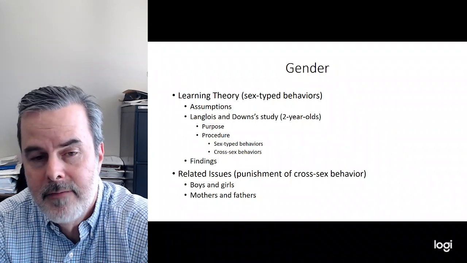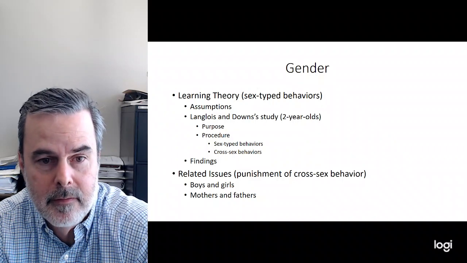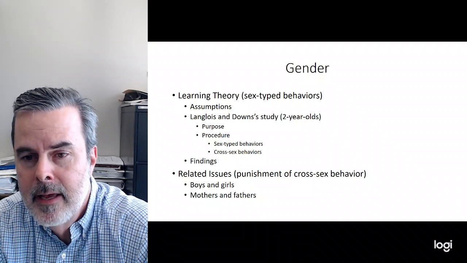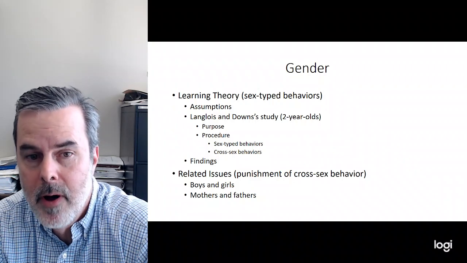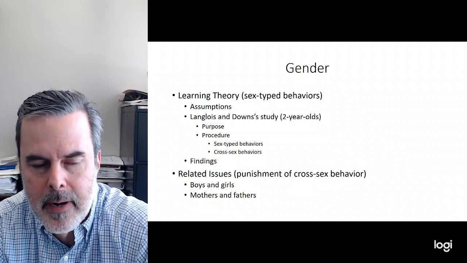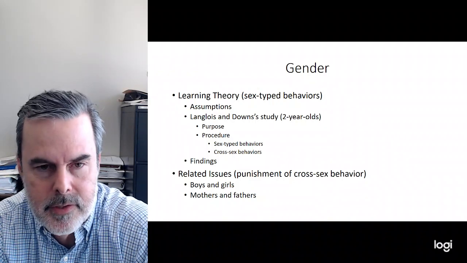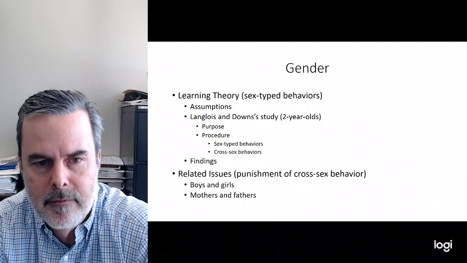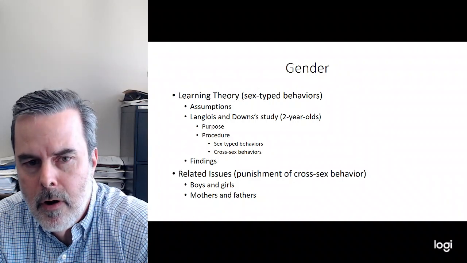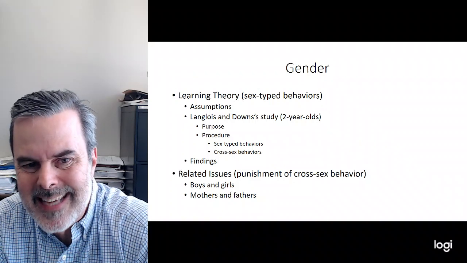So parents behaved in accordance with the predictions of learning theory, reinforcing, again, sex-typed behaviors and punishing cross-sex behaviors. Punishing here simply means that parents typically dissuaded their kids from playing with toys regarded as being appropriate for the opposite sex.